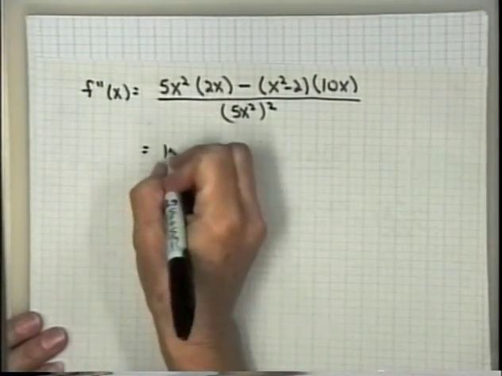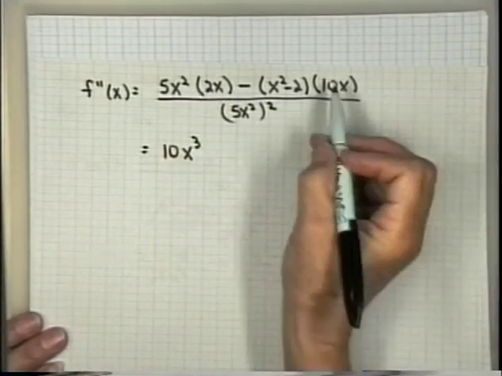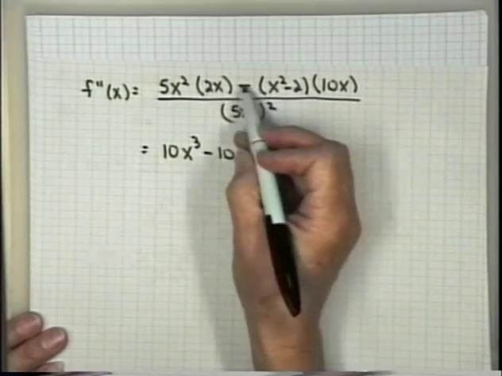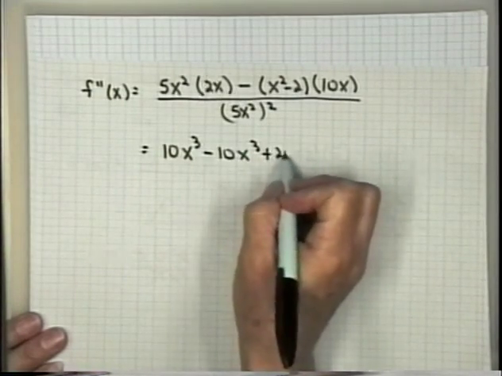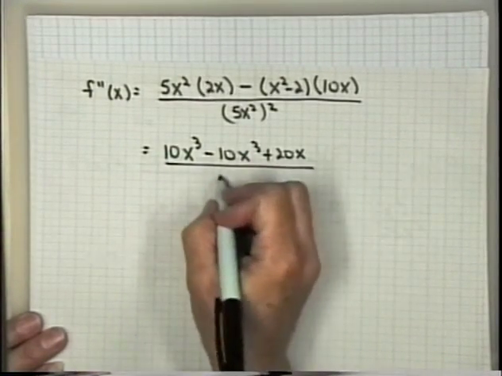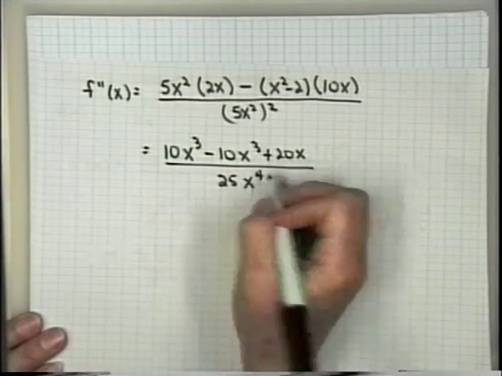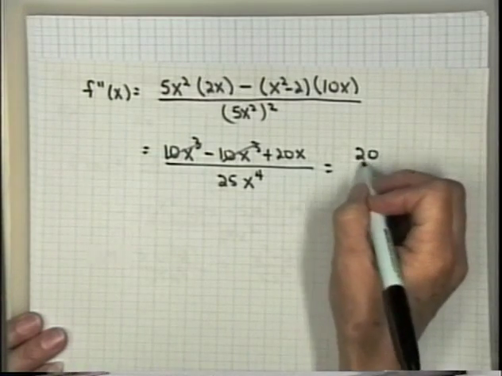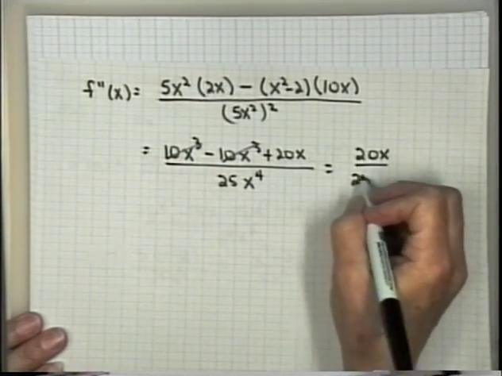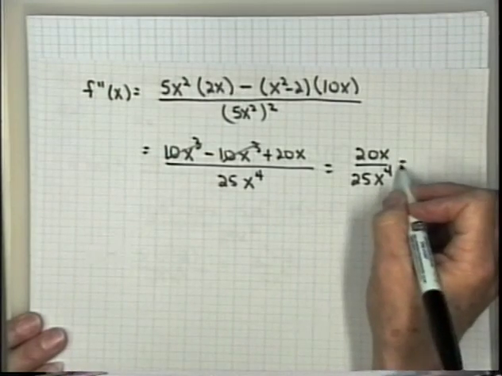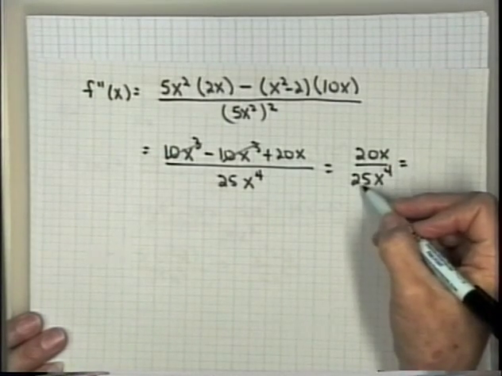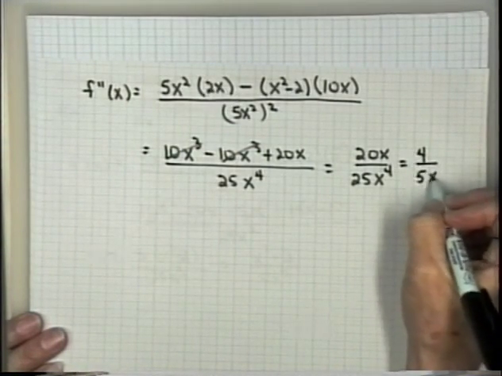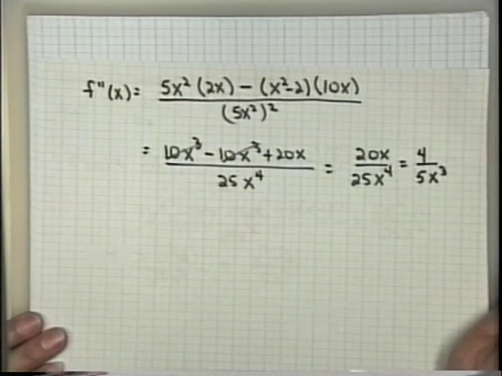We've got 10x cubed minus 10x cubed, you see that one, plus 20x over 25x to the fourth power. My 10x cubes drop out, 20x over 25x to the 4th. Well, 20 and 25 can be divided by 5, and the x will cancel, and so I'll have 4 over 5x cubed.